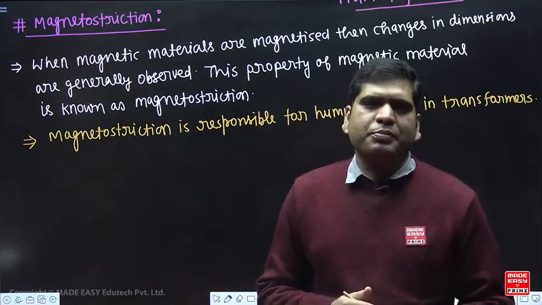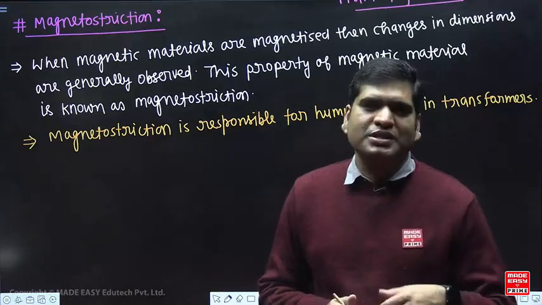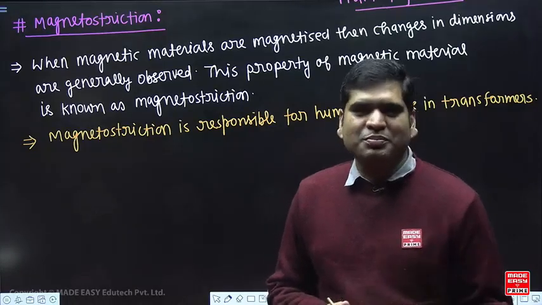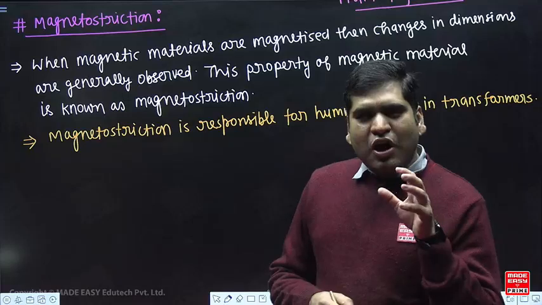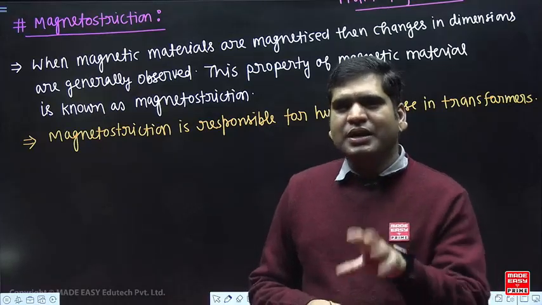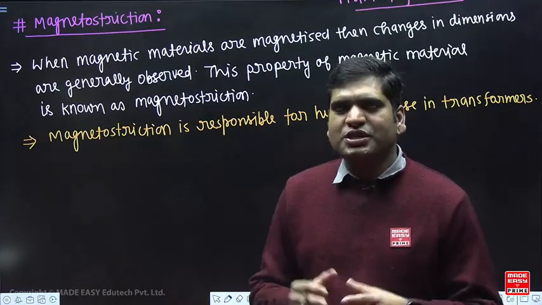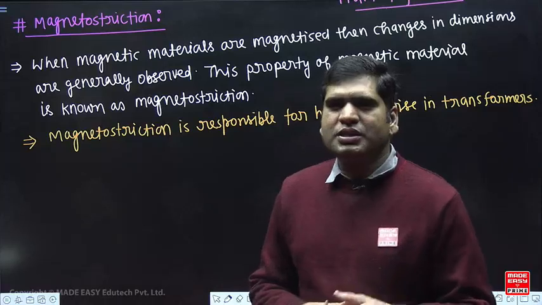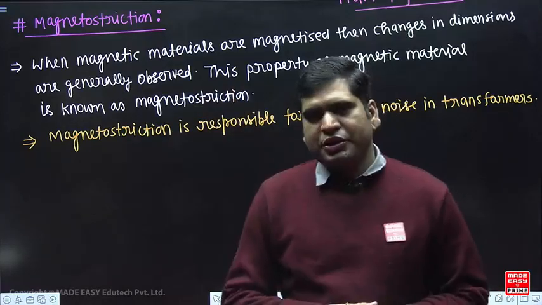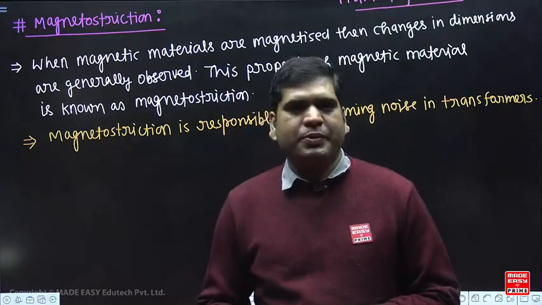And if the orientation of dipoles changes, magnetic property changes, magnetization changes, susceptibility changes. So because of the applied mechanical stress, if there is change in magnetic property, then this effect is opposite of magnetostriction, and that is known as Villari effect.